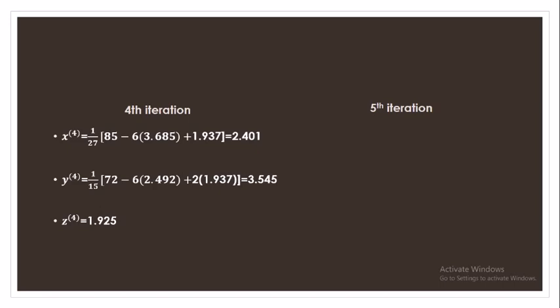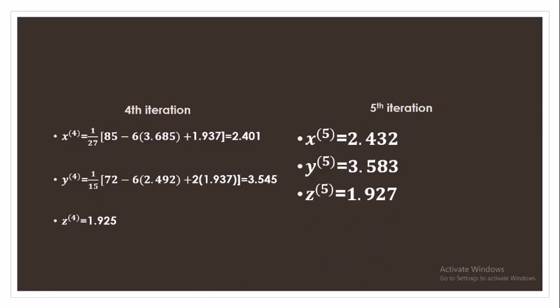So I will have to take another iteration, that is the fifth iteration. How did I get the fifth iteration? I substituted the values of x4, y4 and z4 in the equations A, B and C. So in the fifth iteration, I got 2.432, 3.583 and 1.927.